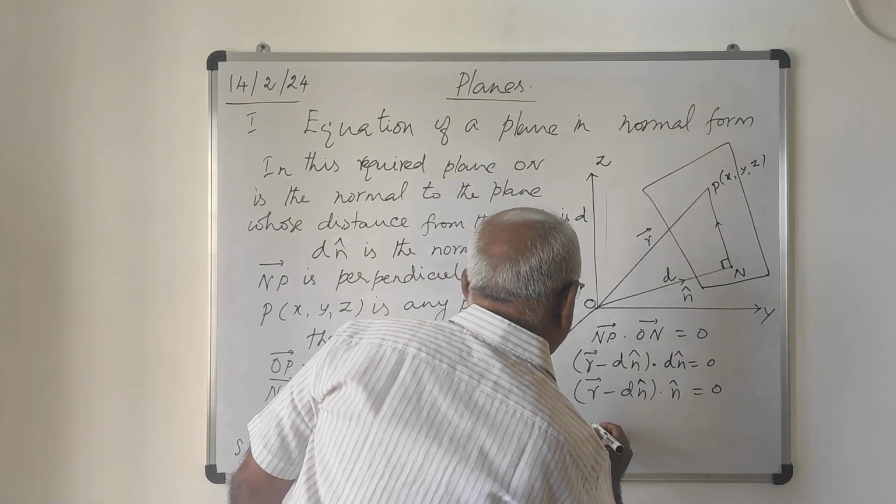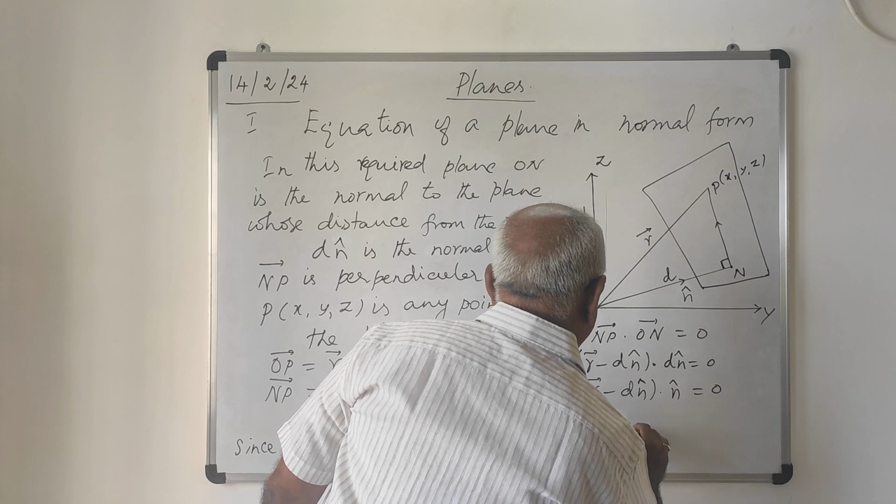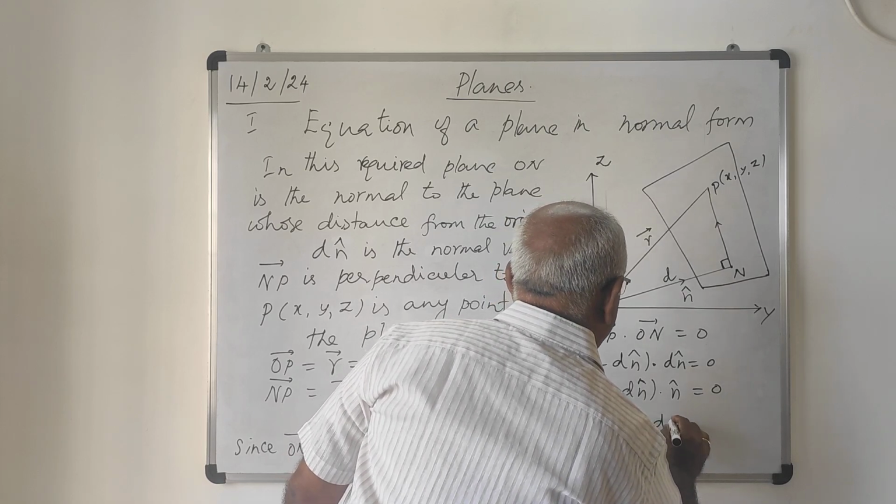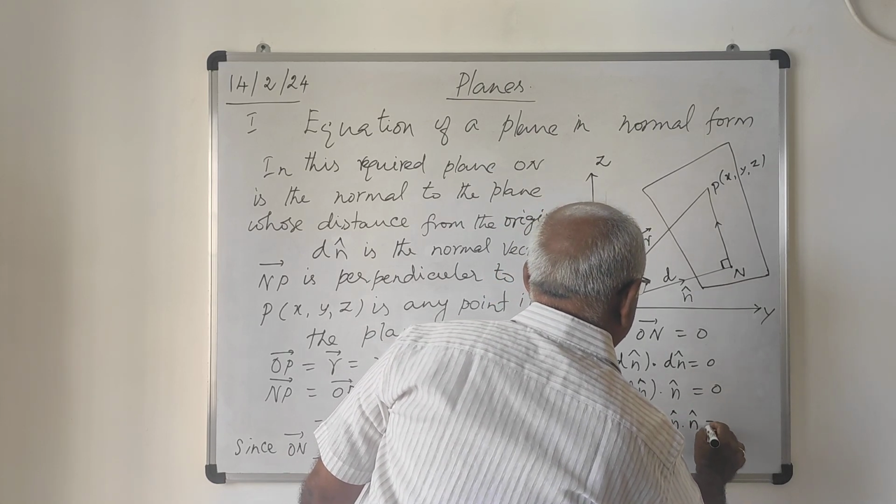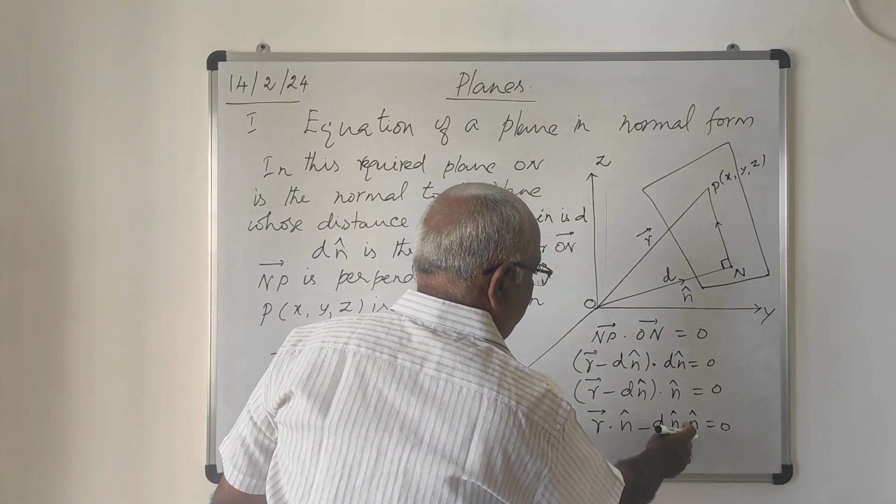Multiplying with n cap, R dot n cap minus D n cap dot n cap equals 0. N cap dot n cap is 1 because n cap is a unit vector.